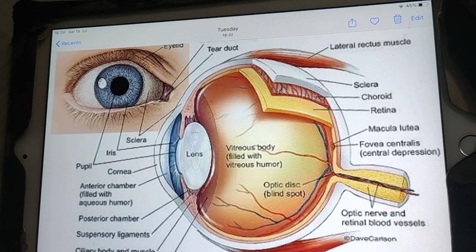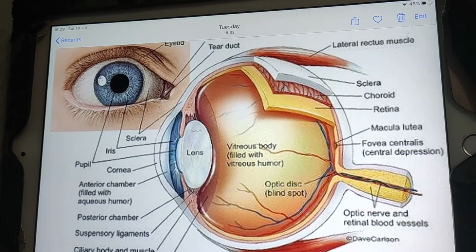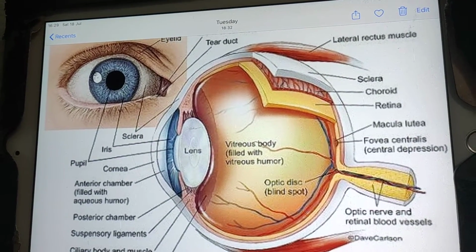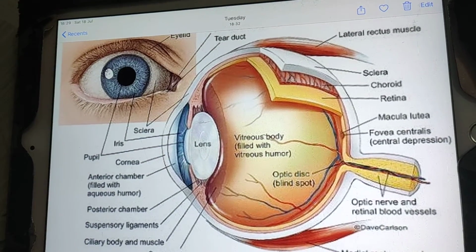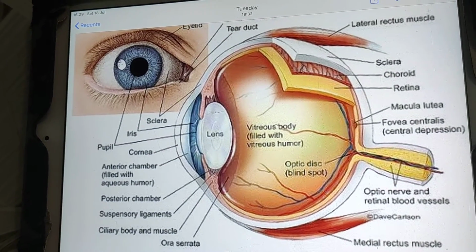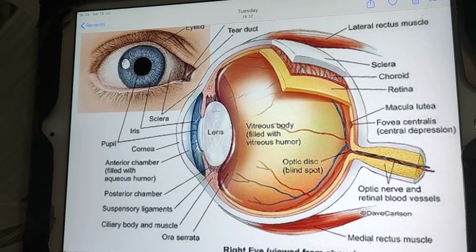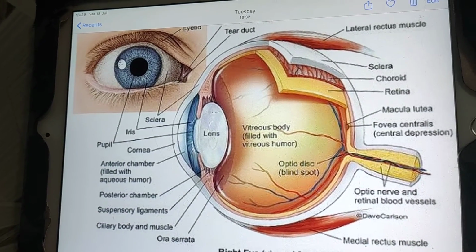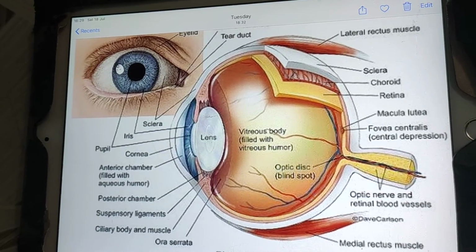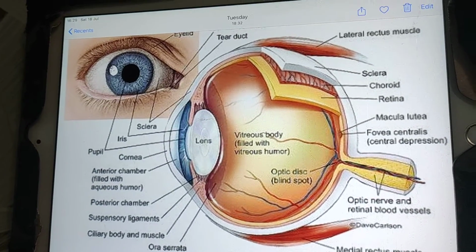So for this we say eye is an optic instrument, and the main function of our eye is to transfer the correct image to the optic nerve.